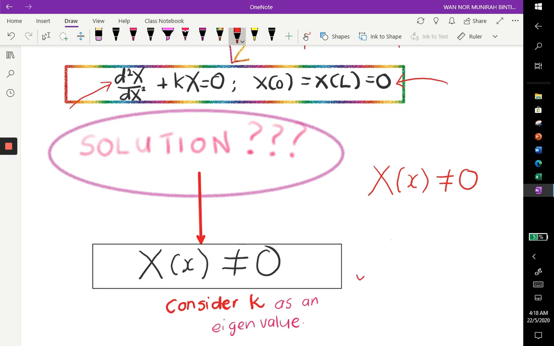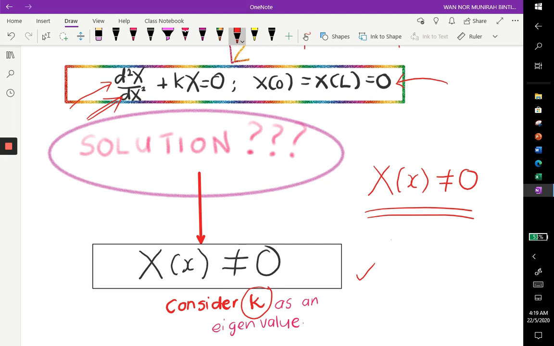Okay, so this one. You must find the non-zero solution of x. So when we look into our equation here, what we need to consider is what is the value of k which makes the solution of x non-zero.